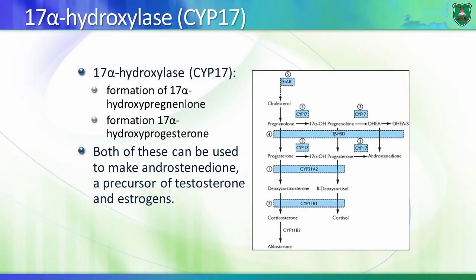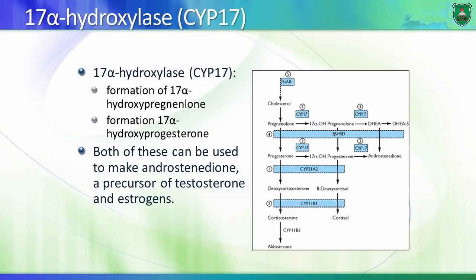This is the enzyme that produces the hydroxypregnenolone or the hydroxyprogesterone, and these are important for the production of the androgens. So if this enzyme is defective, then there will be no testosterone, no androgens, and no estrogens as well. But notice that you can still have the production of aldosterone, but there will be no production of cortisol.